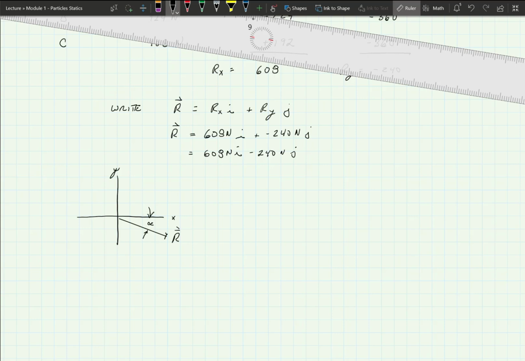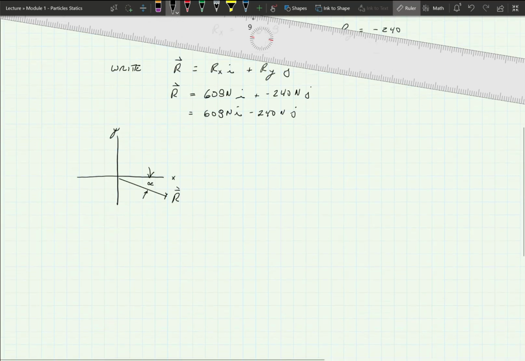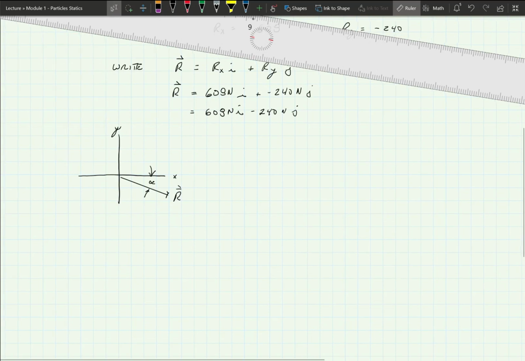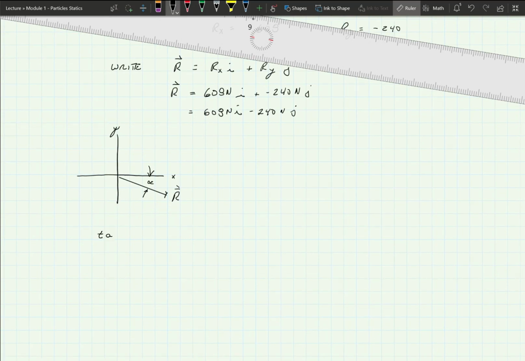Well, in order to really define that, we need an alpha, and we're going to do this. All right, so find alpha. Okay, well, that's the tangent of alpha equal to R sub y j over R sub x i, or opposite over adjacent if you go back to basic trig.